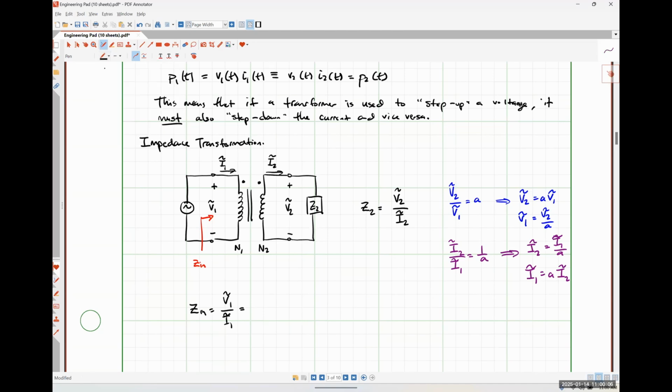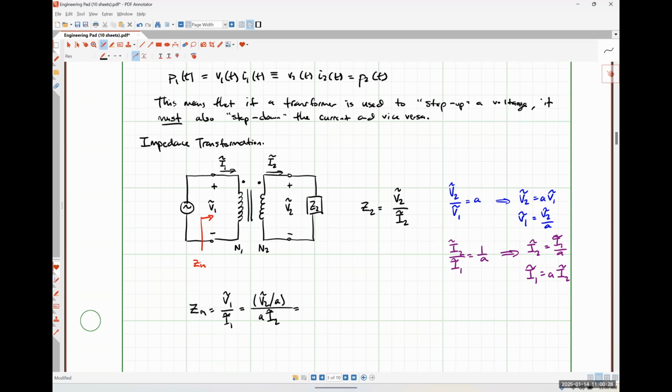So for an ideal transformer, I can express V1 in terms of V2, which is simply V2 divided by A. I can express I1 in terms of I2, which is just A times I2.